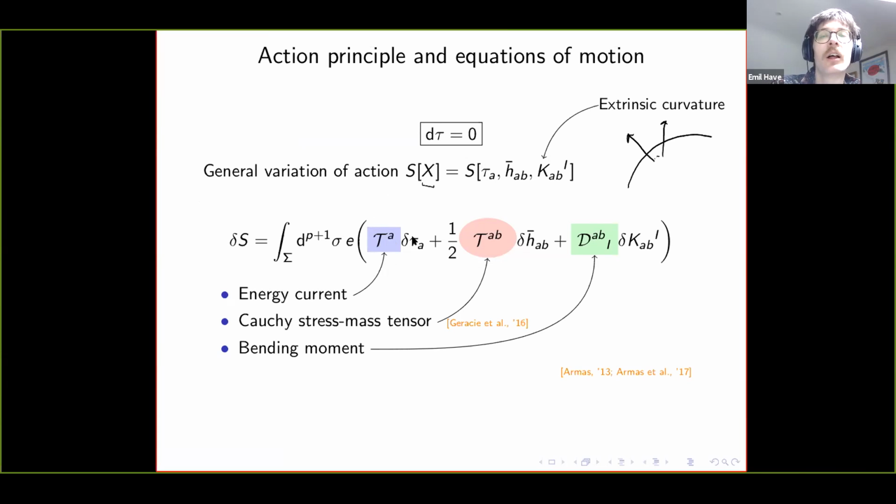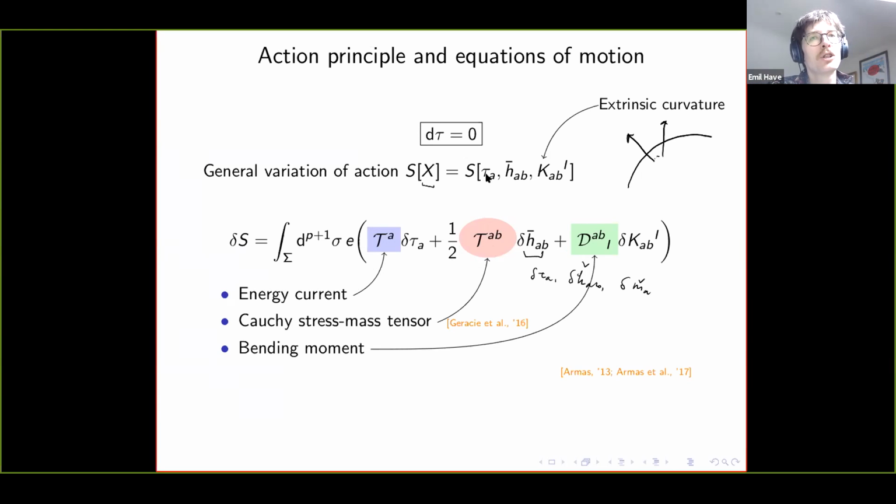So the variation of the clock form leads to an associated response that we call the energy current, while the response to this h bar, which of course, as you recall, you could write out in terms of delta tau A, delta H check AB, and delta M check A if you wanted, because recall that this object consisted of all these objects, and precisely because it also contains this mass gauge field, this is known as the Cauchy stress mass tensor, and is a generalization of the energy momentum tensor, if you like. So you can combine these two objects into an energy momentum tensor.